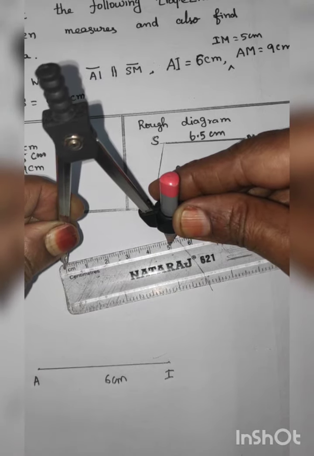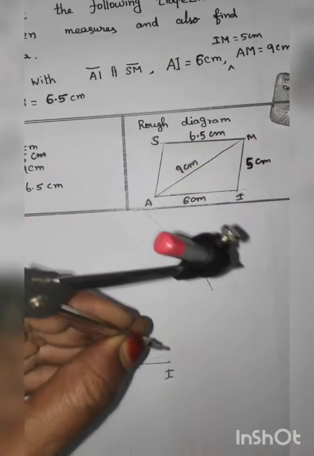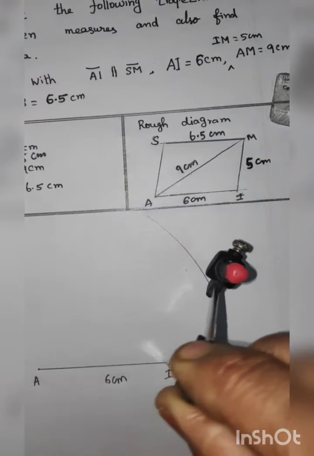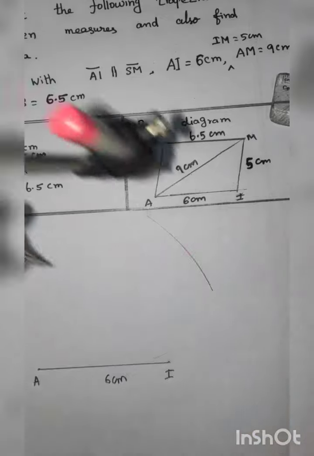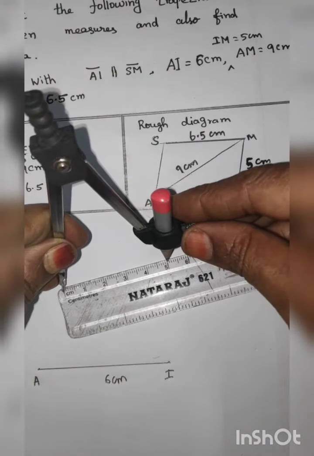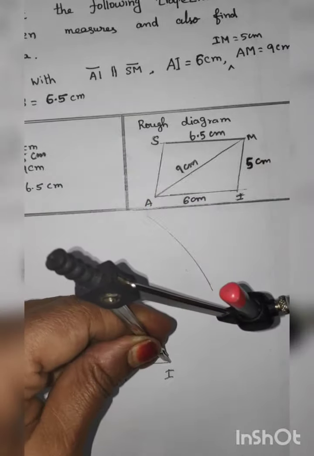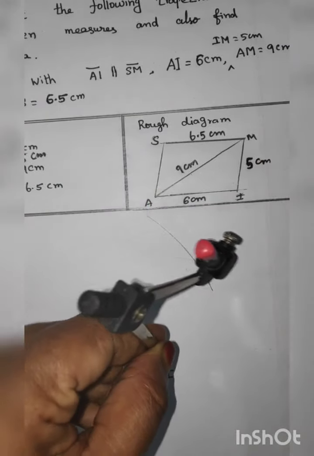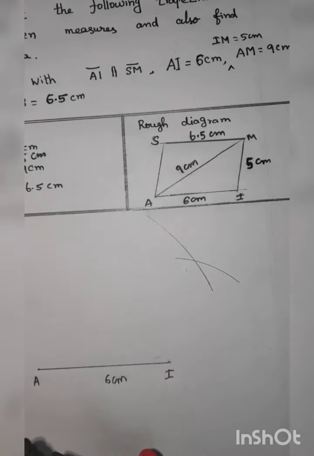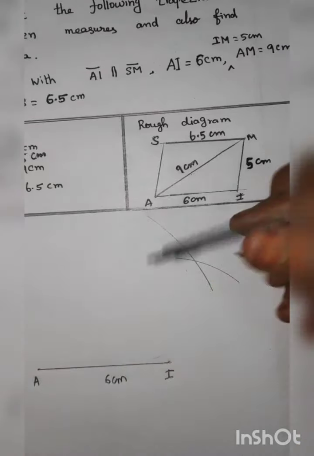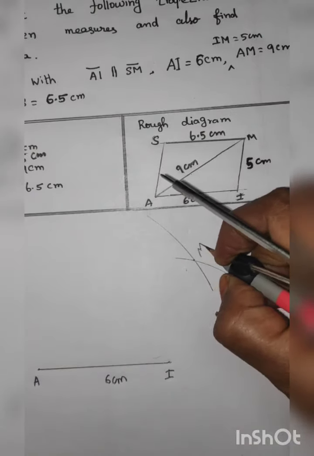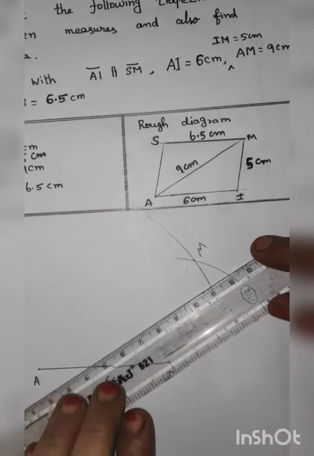Keep the compass at I and cut the arc. The point is M. You join AM and IM.